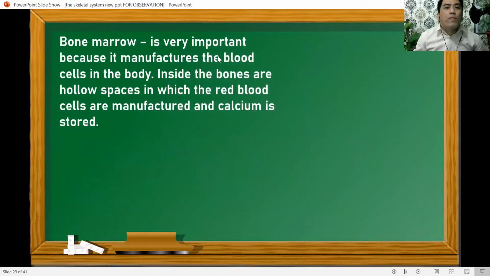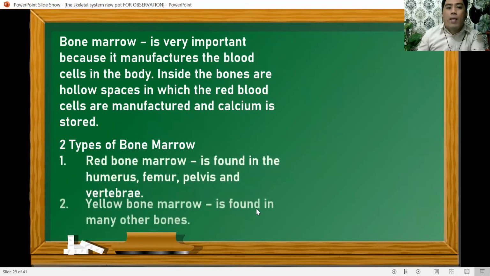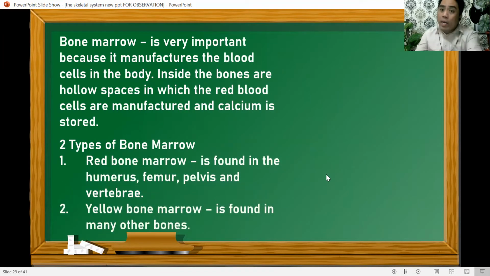Okay, bone marrow is very important because it manufactures the blood cells in the body. Inside the bones are the hollow spaces in which the red blood cells are manufactured and calcium is stored. 2 types of bone marrow, the red bone marrow and the yellow bone marrow. So familiar kayo sa tinatawag na bone marrow? So kung mahilig kayong kumain ng bulalo, yan.